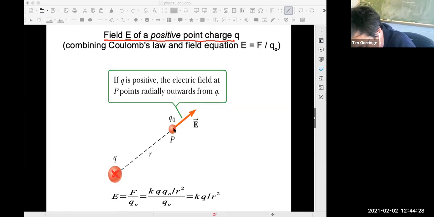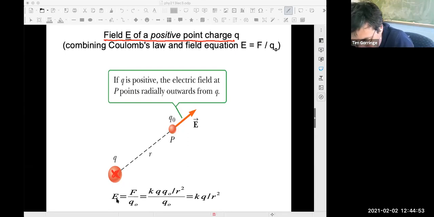And upstairs here on the right is a test charge, Q naught, that's located at some point that I called P. Now, I'm going to start calling that the field point. It's where we're interested in the field. It's where we're exploring the field. It's where we're probing the field with the test charge.